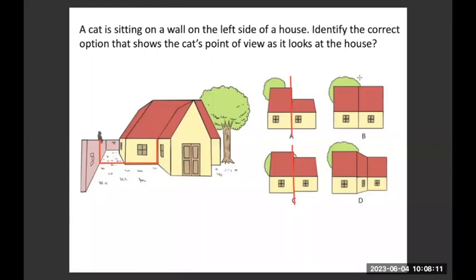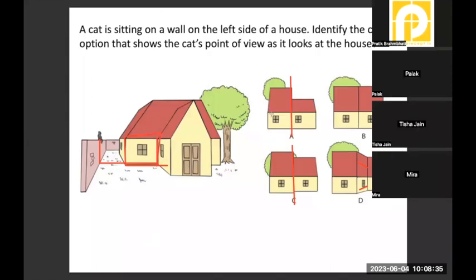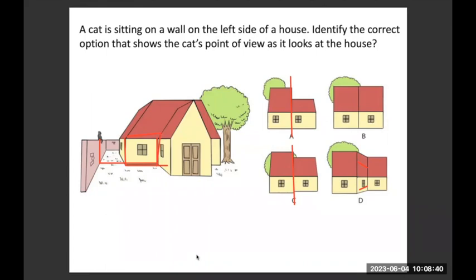What it means is that in option D, the middle surface that is seen will not be visible to you, because the cat is sitting exactly in that position. So option D is wrong, literally.